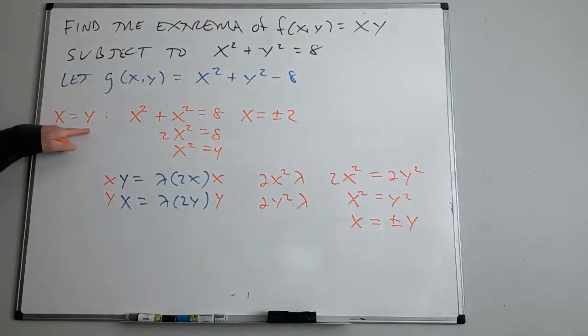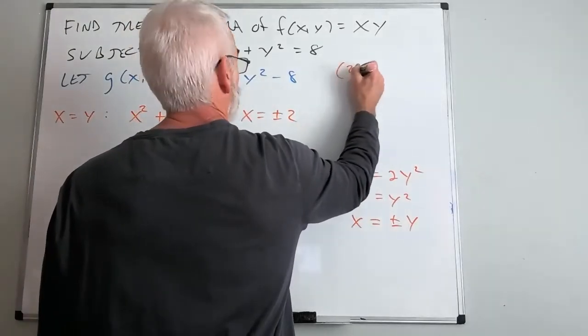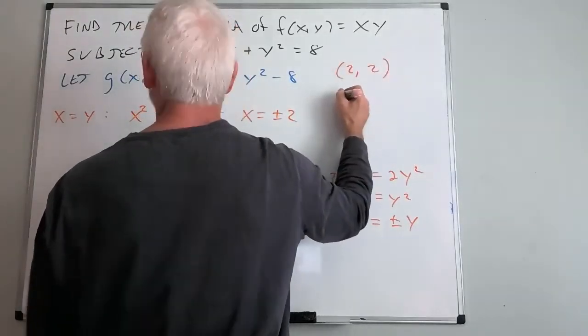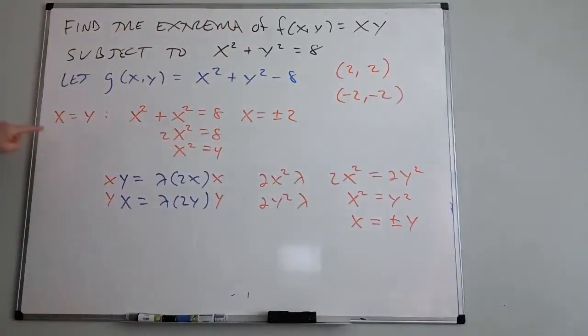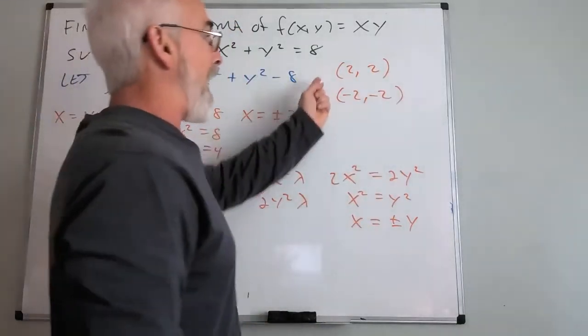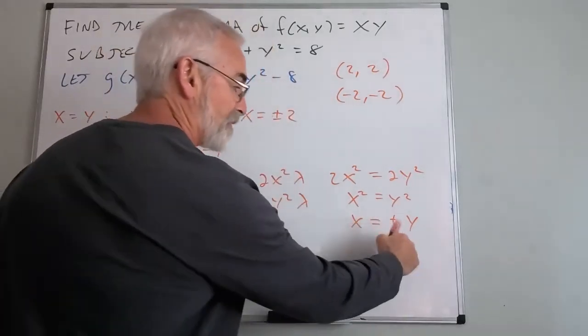When x equals y, x is plus or minus 2. So that means I've got (2, 2), x equals y, and (−2, −2). Again, if x equals y and x can be plus or minus 2, I have these two ordered pairs at my disposal. But x could also be negative y.